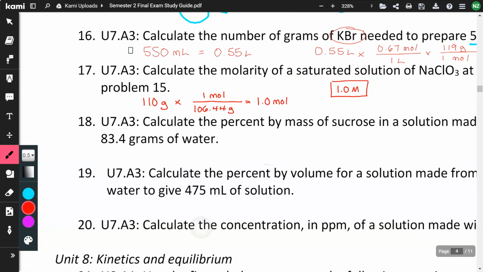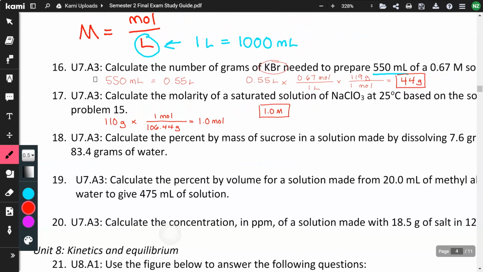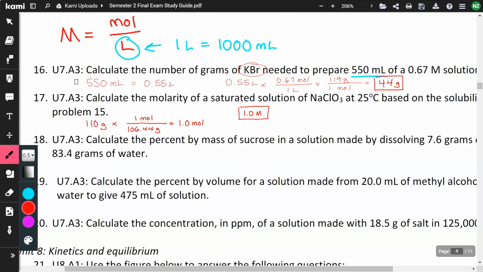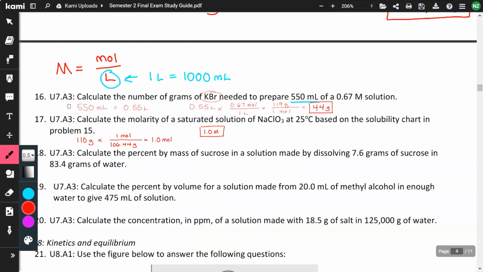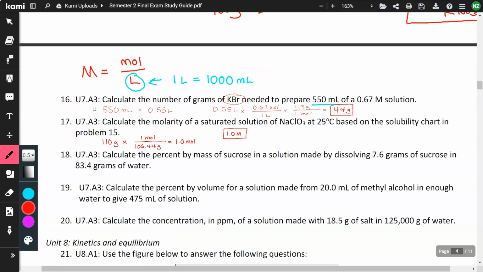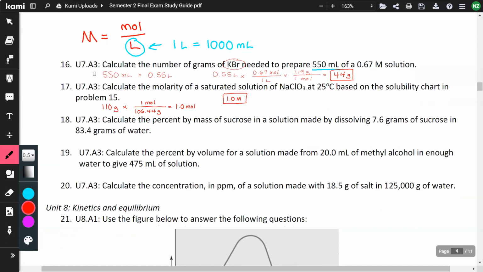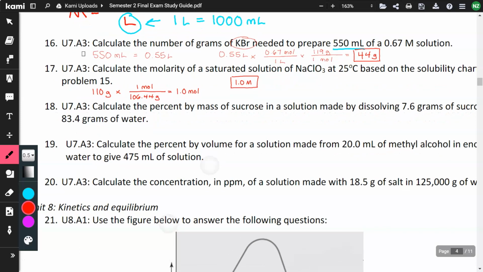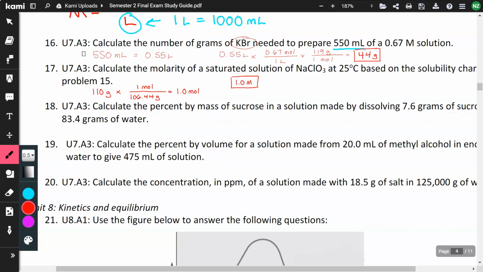Okay, 18 says calculate the percent by mass of sucrose in a solution made by dissolving 7.6 grams of sucrose in 83.4 grams of water. Okay, so sucrose, you would have to find the molar mass of.